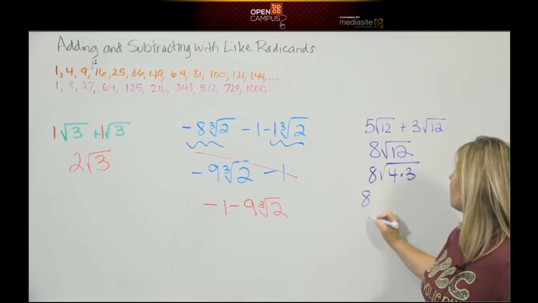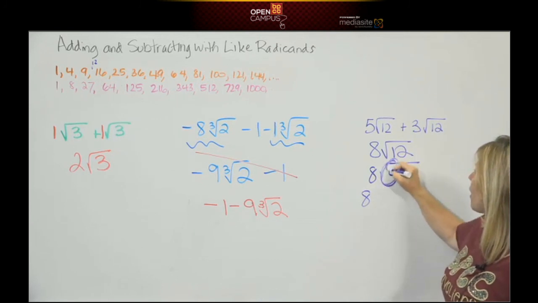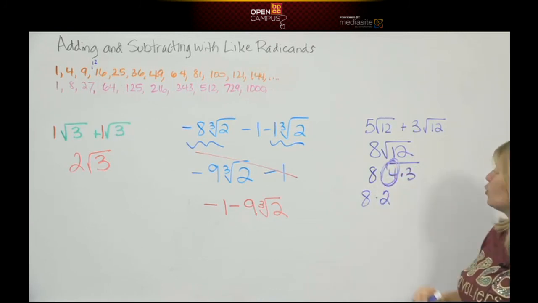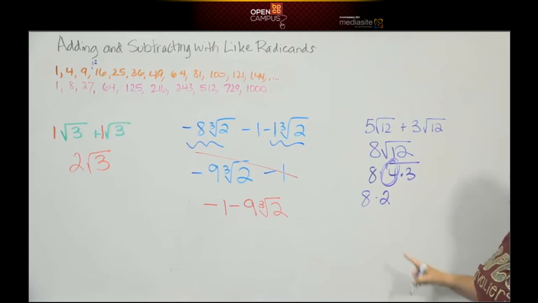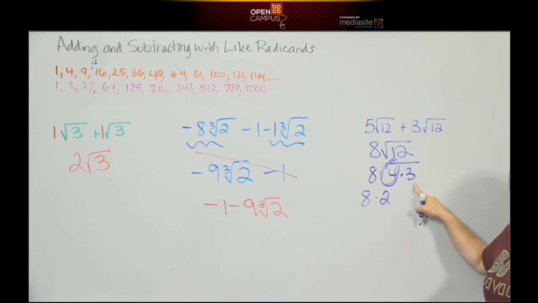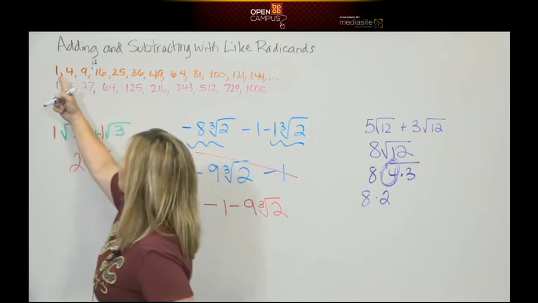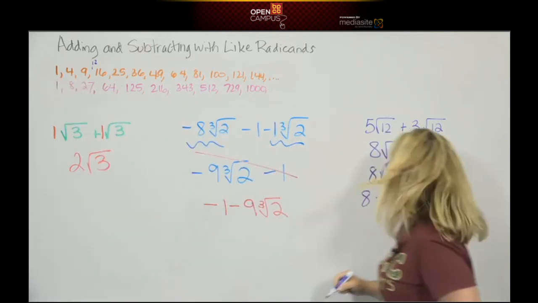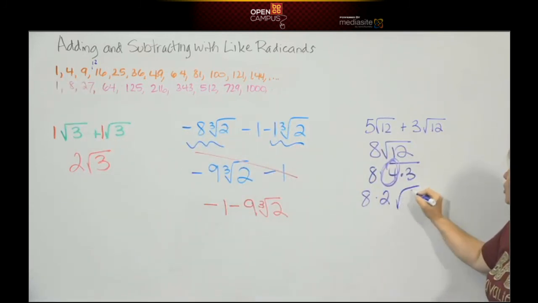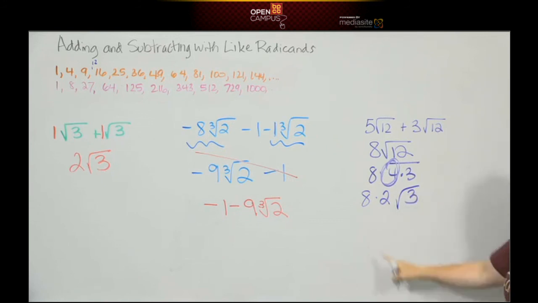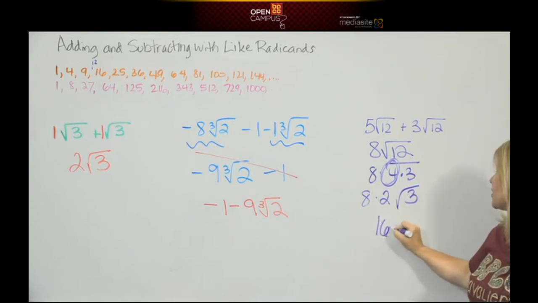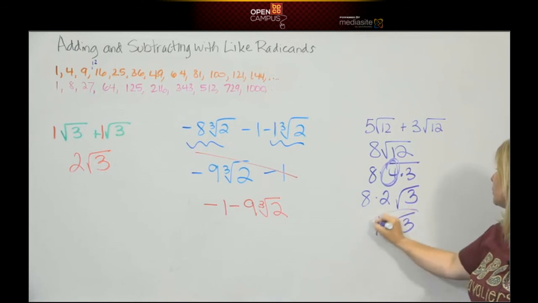We'll leave our whole number 8. We know the square root of 4 is 2, so that's why a 2 comes out, connected by multiplication. We have a square root of 3. 3 is not a perfect square, and it's prime, so it's in lowest terms. It can't be reduced. We leave it. 8 times 2 is 16 square root of 3.